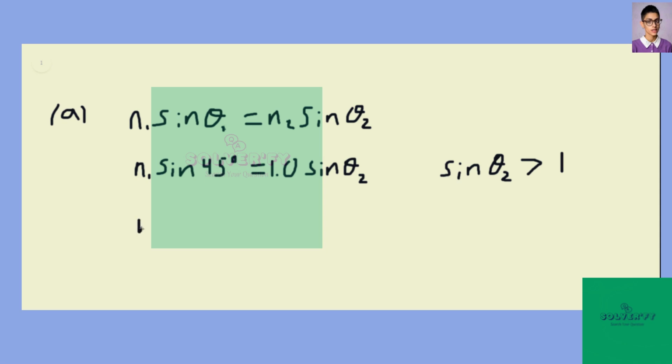Therefore, we need N1, index of refraction 1, to be greater than or equal to 1 divided by the sine of 45 degrees to make that true. Which, 1 over the sine of 45 degrees is equal to 1.4. So N1 must be greater than or equal to 1.4. We can box that in as a solution for part A.